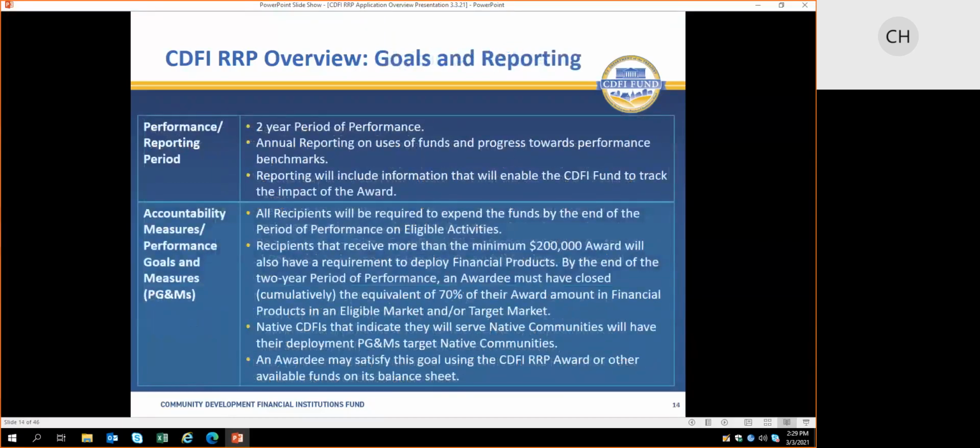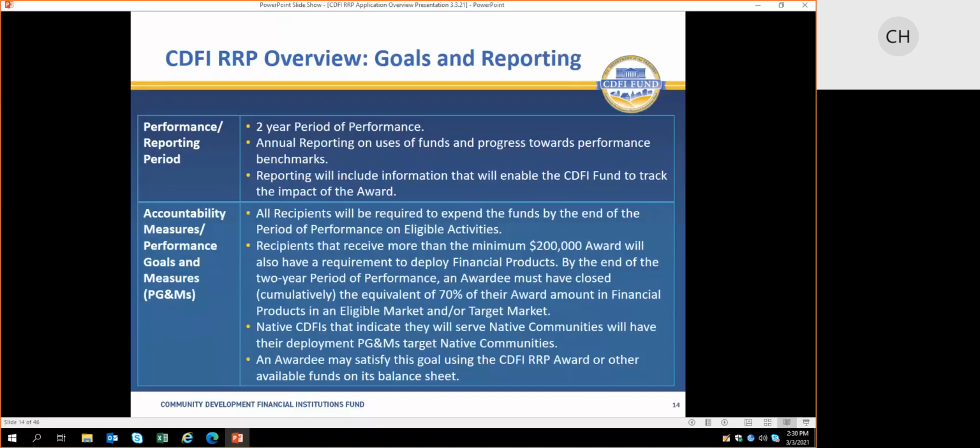Okay, up next, the RRP awards are going to have a 2-year period of performance with annual reporting on uses of funds and progress towards performance benchmarks. And the reporting will include information that will enable the CDFI Fund to track the impact of the award. So all recipients will be required to expend the funds by the end of the period of performance on eligible activities.